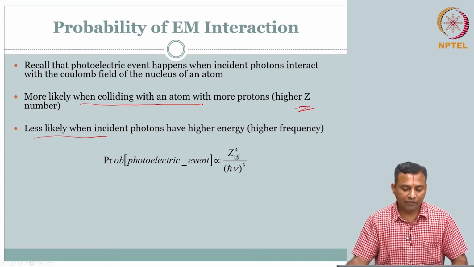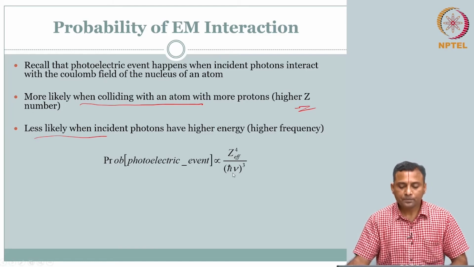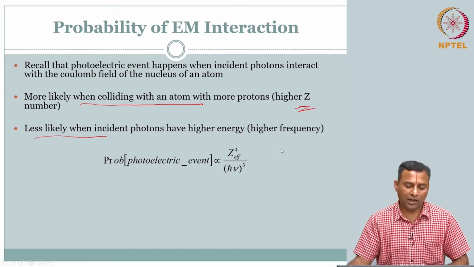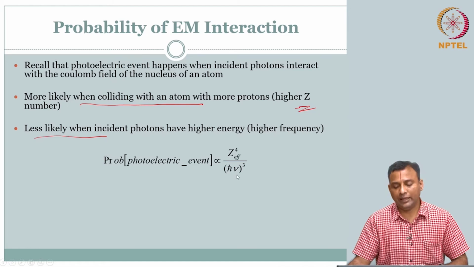So Z effective is the effective average of all the different types of atoms that are there, divided by h mu cubed. So for tissue it is about Z to the power 4, but if the interaction is with some material with heavy atoms, then they say it is Z to the power 3. But for our purpose, we will take that the probability of a photoelectric event is proportional to the fourth power of Z effective divided by h mu, the energy that is incident, cube of that.